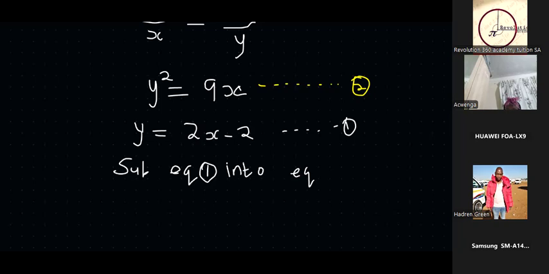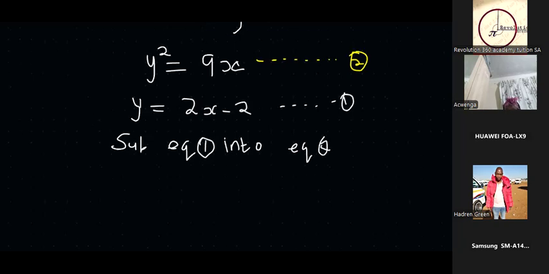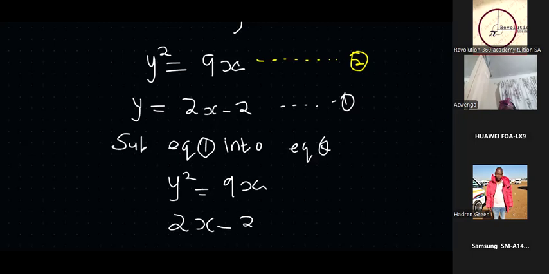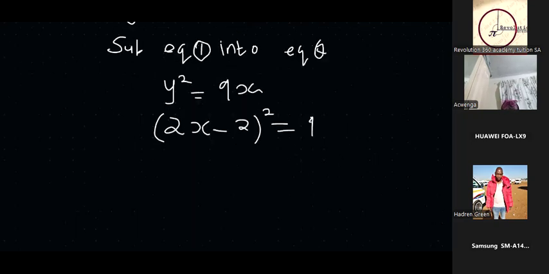y squared equals 9x. Then you write y squared equals 9x, and in the place of y from equation 1, since y equals 2x minus 2, I'm going to write 2x minus 2, then you square it. It equals 9x. Then from here you expand.